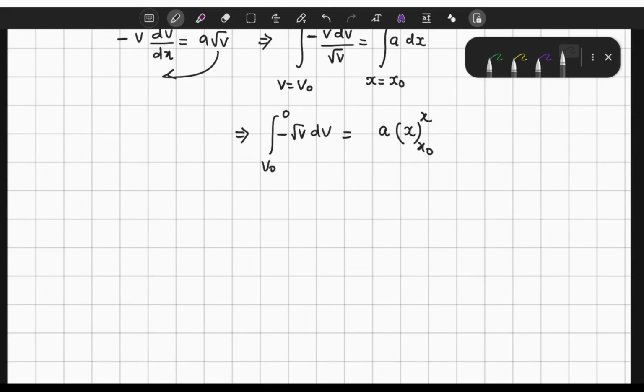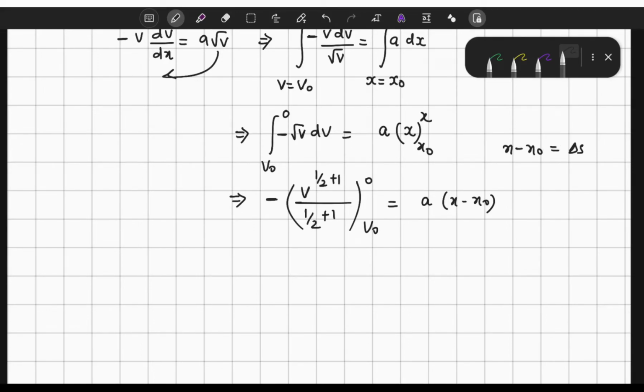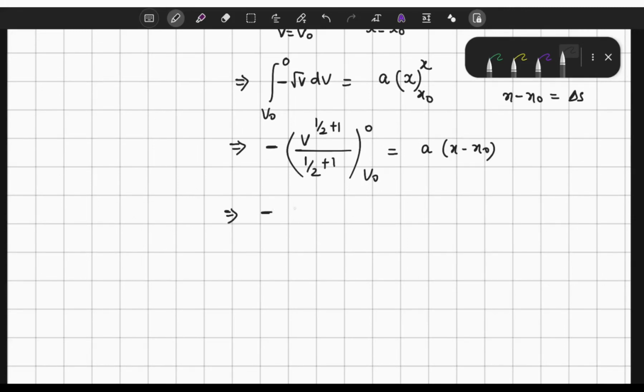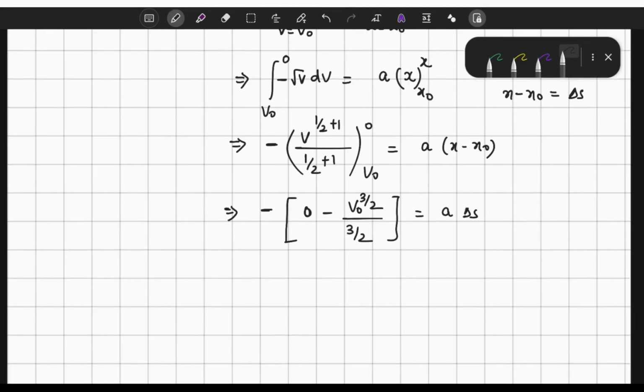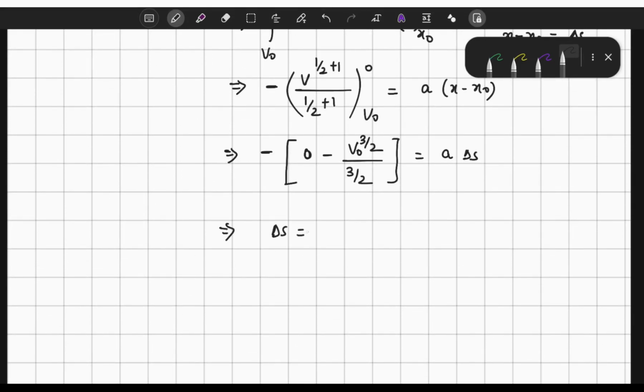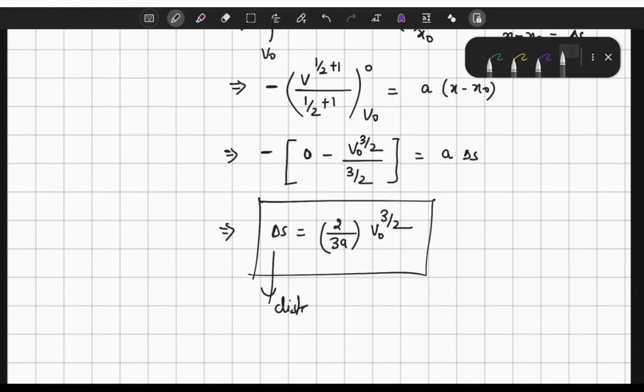Okay, so here we will get minus the integration of root v, which is v to the power half plus 1 divided by half plus 1, from v naught to 0, is equal to a times x minus x naught, and x minus x naught we can write as the distance or the displacement. And here we will get minus 0 minus v naught to the power 3 by 2 whole divided by 3 by 2 is equal to a into delta s. So here we will get delta s = 2 divided by 3a times v naught to the power 3 by 2. Okay, so this is the value of distance we got.